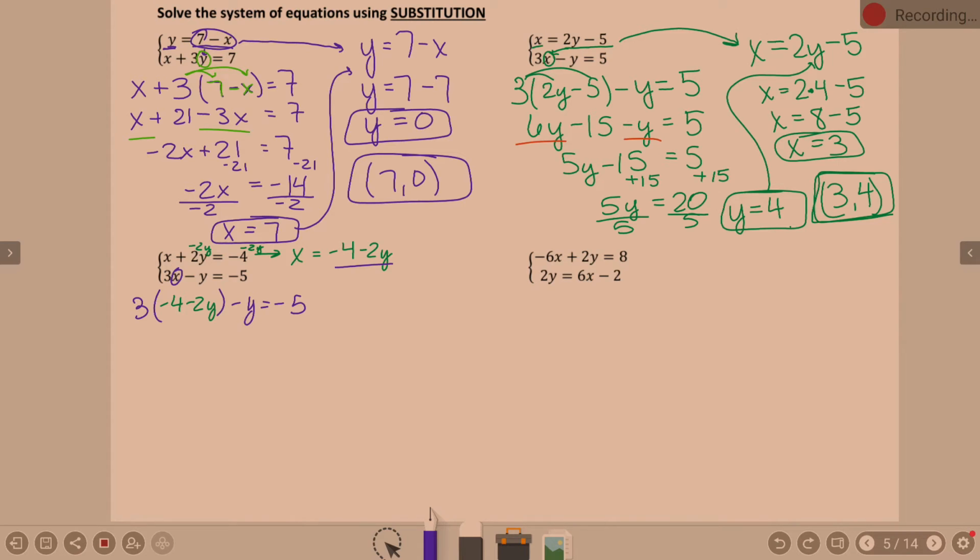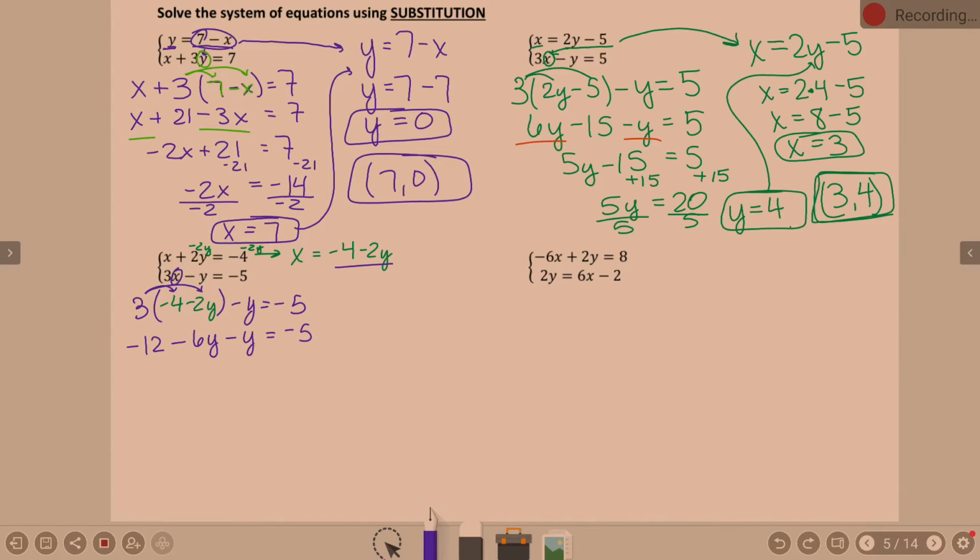First step, we're still going to distribute. We're going to take the 3 and distribute. 3 times -4, -12. 3 times -2y, -6y, minus y, and still equals -5.